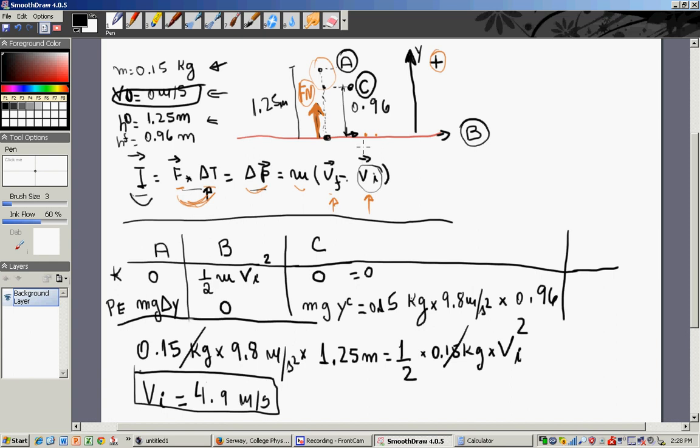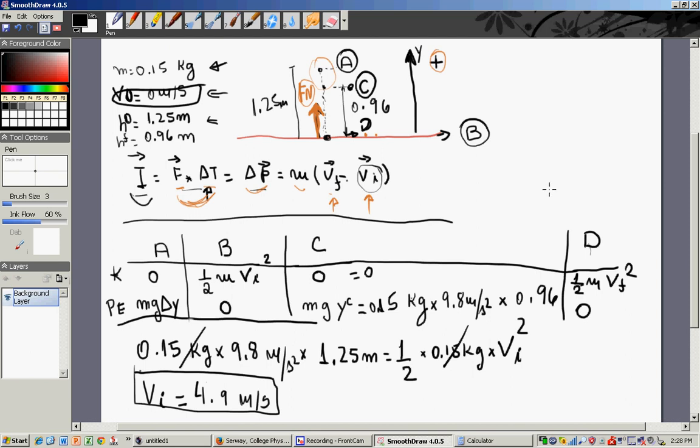And I'm going to call that configuration D. So what is the kinetic energy at point D? It is half m times the velocity with which the ball leaves the floor, Vf squared. And the gravitational potential energy is 0.